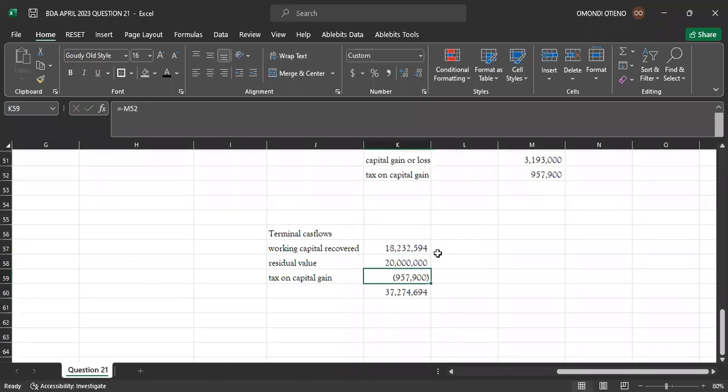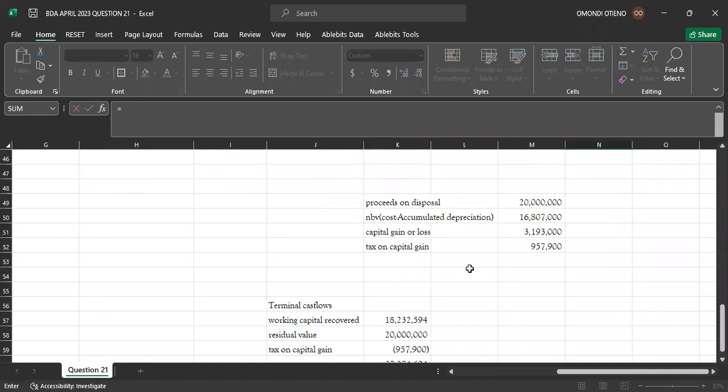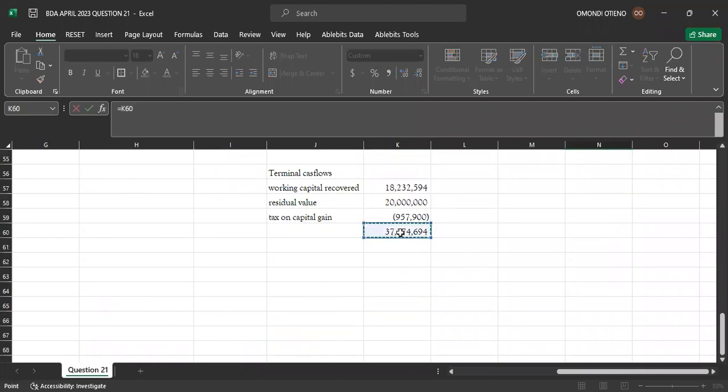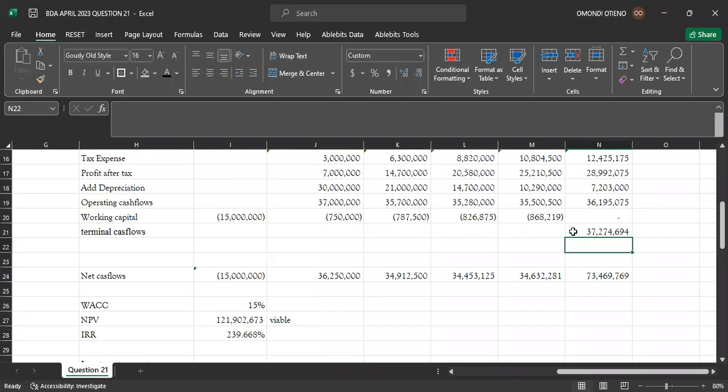So the terminal cash flow here, we just pick this value down here.